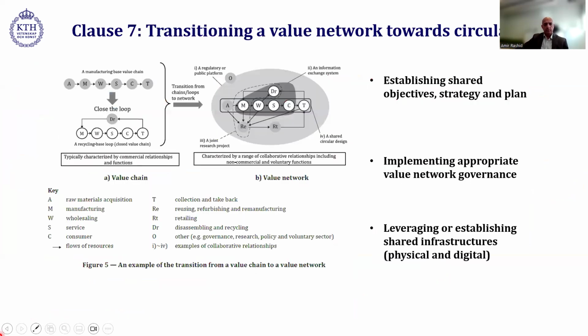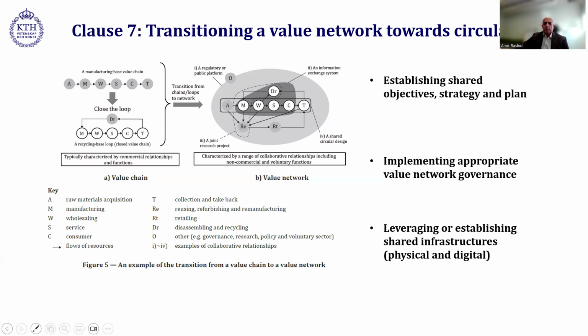Yes, sure, next. Here, when we come to clause 7, it is basically nothing more than expanding the scope, moving beyond the boundaries of a company or corporate, for example, only within its own ecosystem, and going beyond. Then we are talking about the same way of approaching value networks development for circularity.